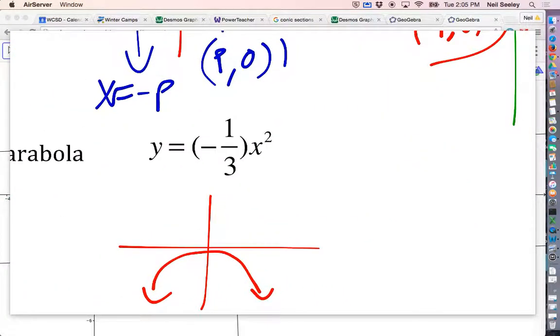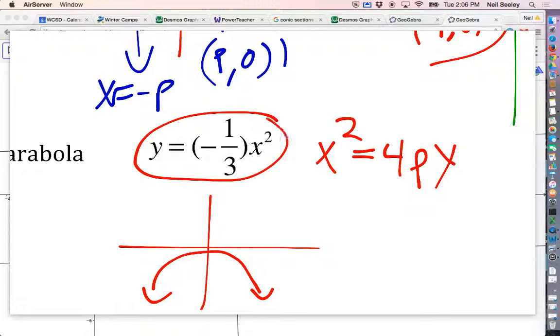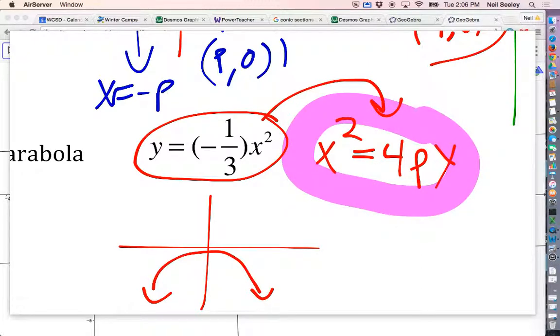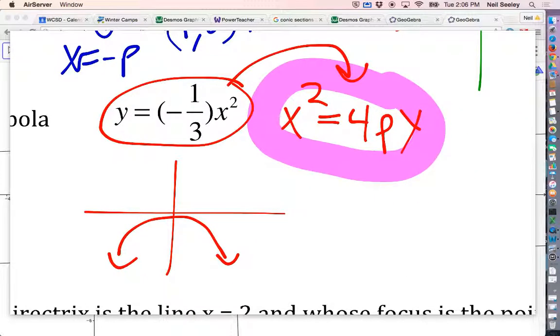So with x squared equals 4py, what I've got to do is mess with the one on the left until it looks like the one on the right, and then we can find P. It'll be in there. So I might turn it around: 4py equals x squared.